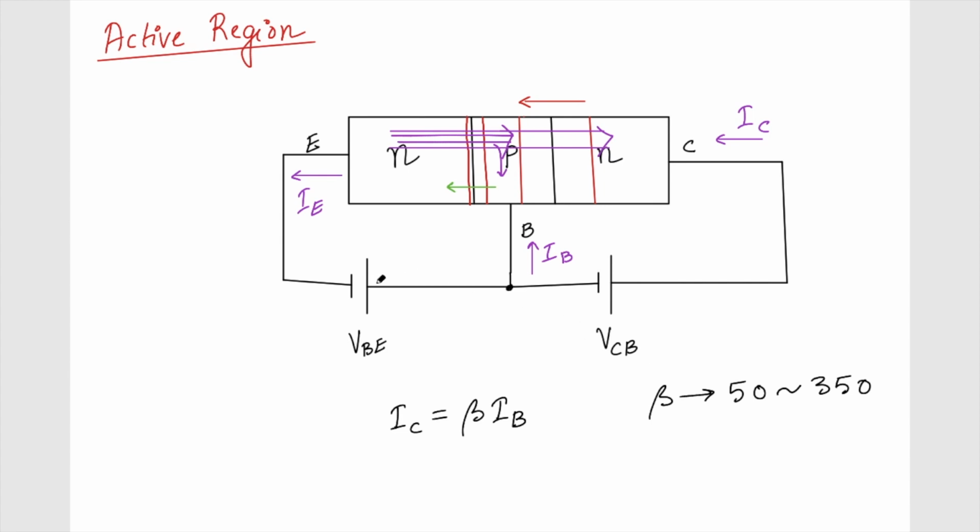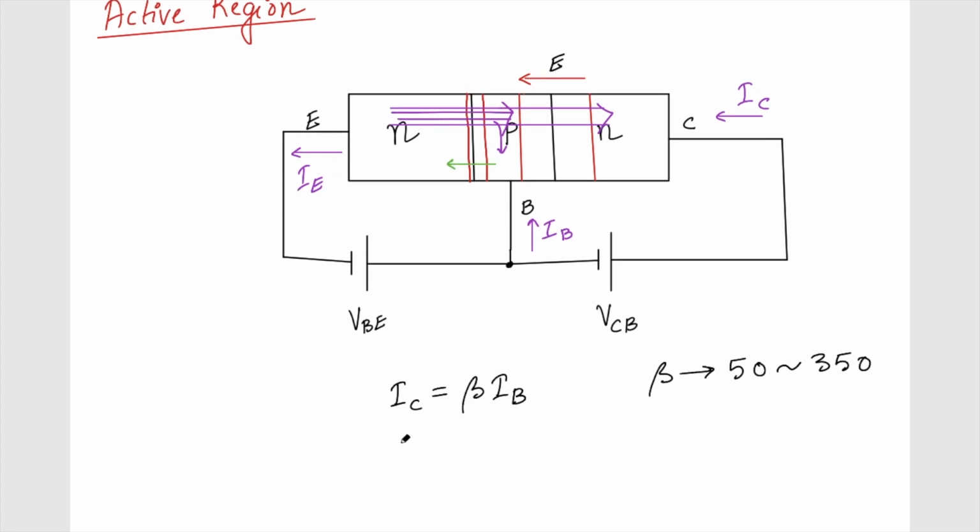Because we know that a lot of electrons have come here, and there is an electric field E, depending upon how we select the doping concentration and all, this beta factor can be 50 to 350. And of course this current IE is equal to IB plus IC.